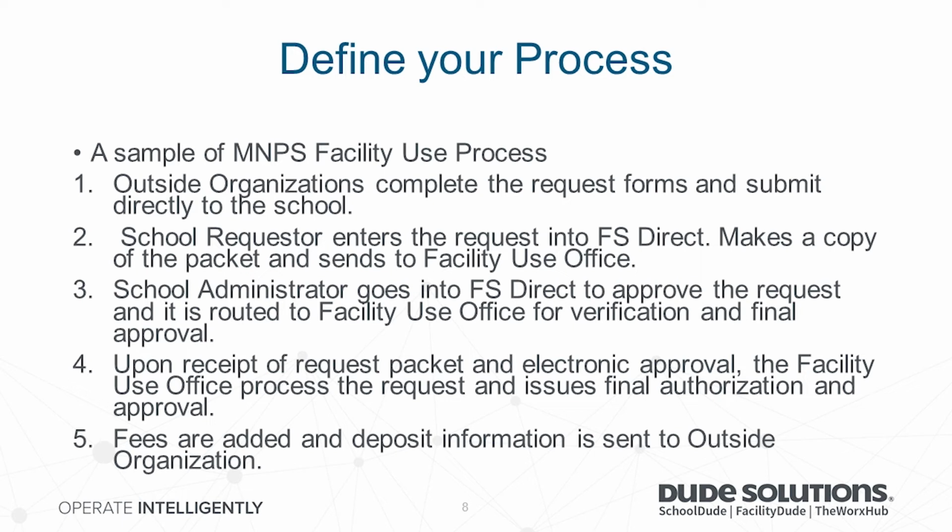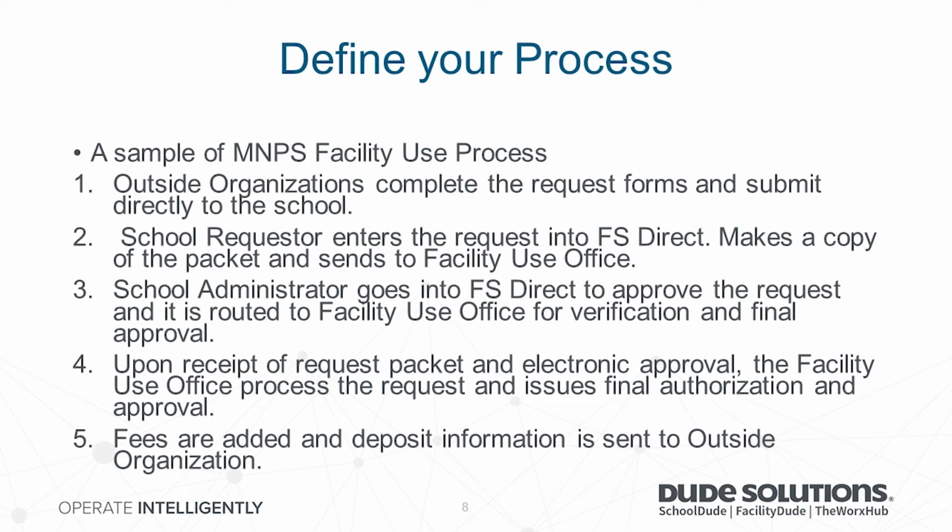But in between it being entered and it going to my office, it's routed next to the school administrator. I tell them all the time, it doesn't show up on my side until the school administrator actually approves it. All that means internally for me is I want to make sure that dot is yellow, that the school administrator has given his or her okay that we're allowing this group to use designated space on this particular day and time.